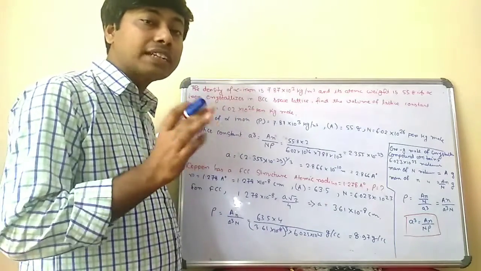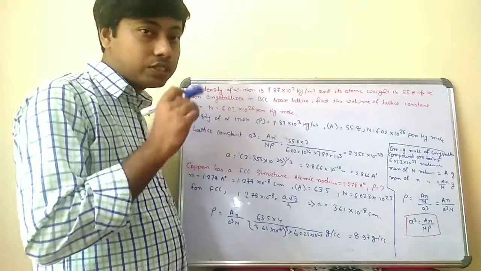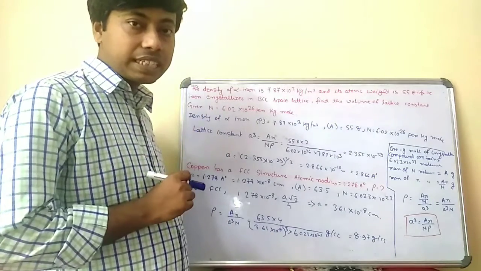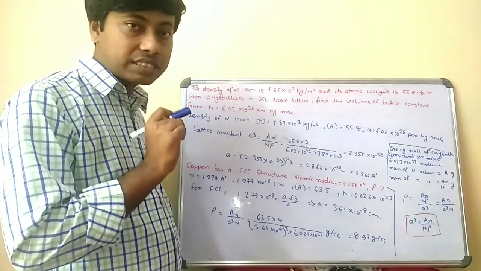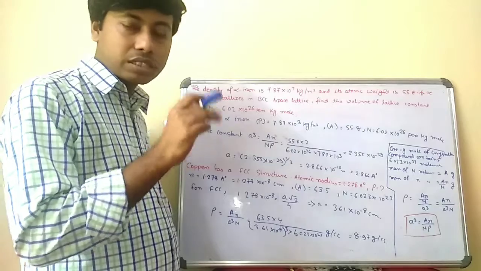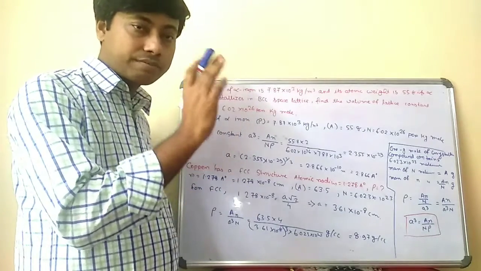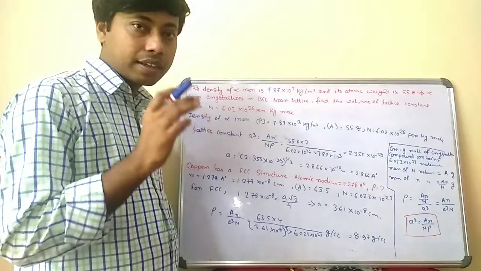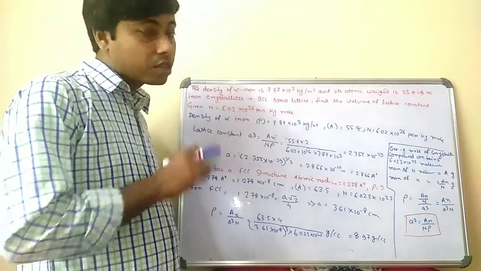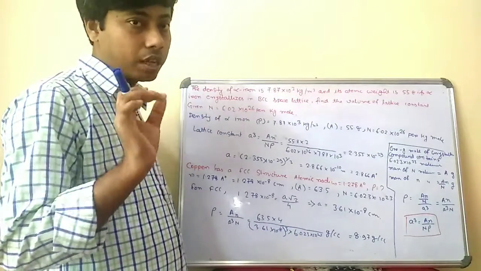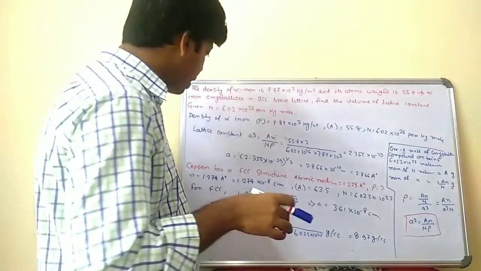The atomic packing factor for simple cubic is 0.52, for body centered cubic 0.68, for face centered cubic 0.74, and for hexagonal close pack also 0.74. All this information and proof is already done.